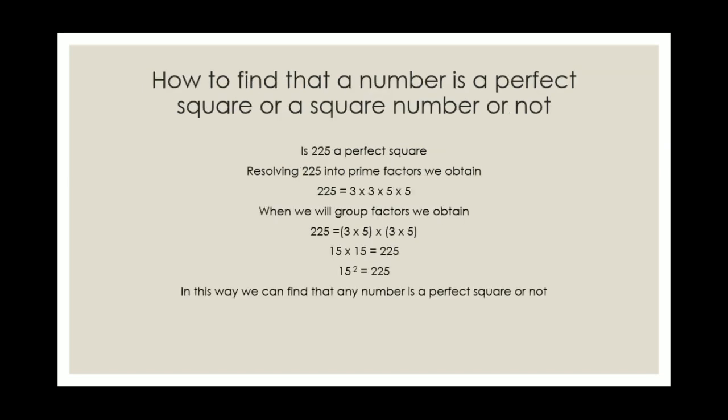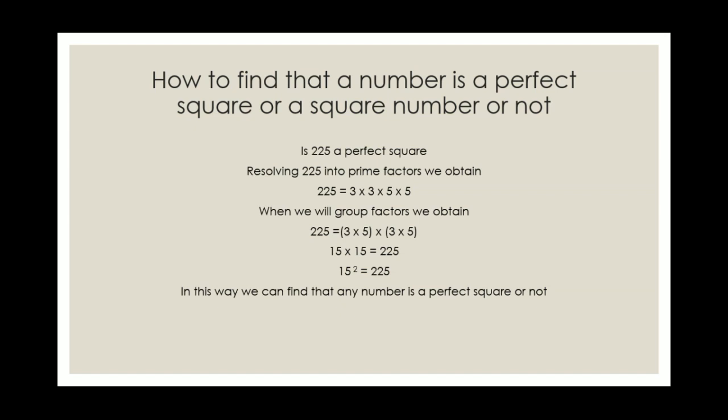How do we find whether a number is a perfect square or not? We understand this by an example. Is 225 a perfect square? First of all we will find the prime factors of 225, that are 3 multiplied by 3 multiplied by 5 multiplied by 5.